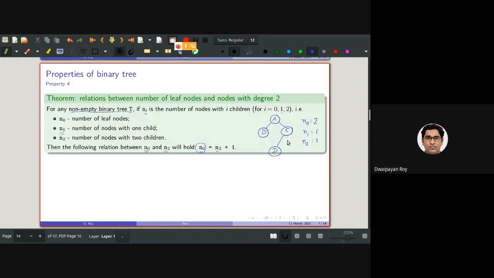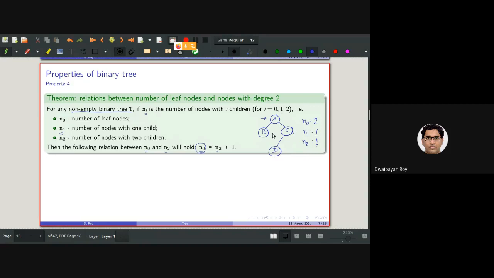So for this tree, the root is containing two children. So only the root is containing two children. So in that case, n2, the number of nodes with two children, is 1. It is considering only the root. n1, that is the number of nodes with only one child, is only this C. In that case, n1 equals 1.